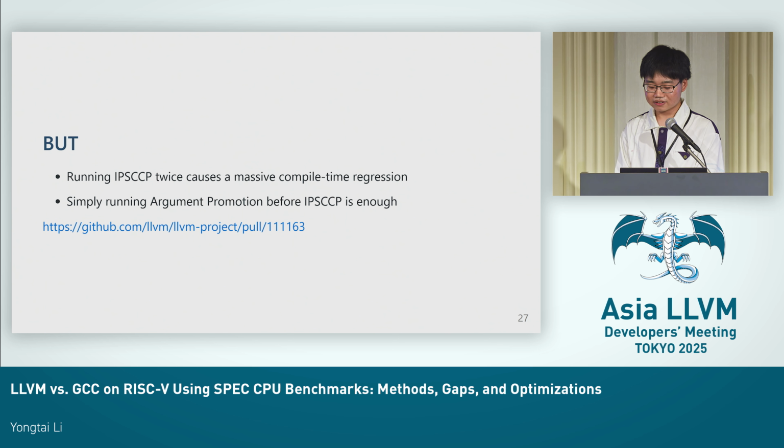In fact, there's an argument promotion pass in the inliner pipeline mentioned earlier, and running an extra argument promotion pass has less compile time impact than an extra IPSCCP pass.